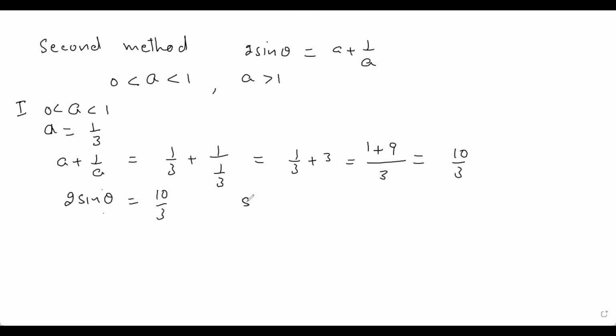It means sine theta is equal to 10 by 3 into 2. 2 5s are... It means value of sine theta is equal to 5 by 3. It means this is equal to 1 2 by 3, which is greater than 1. And we know value of sine theta cannot be greater than 1. Now let me write here which is not possible.